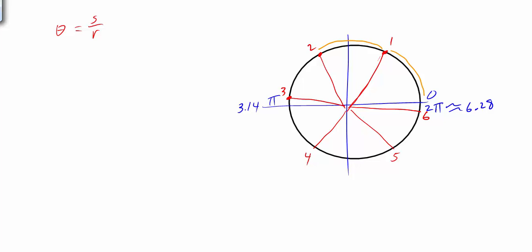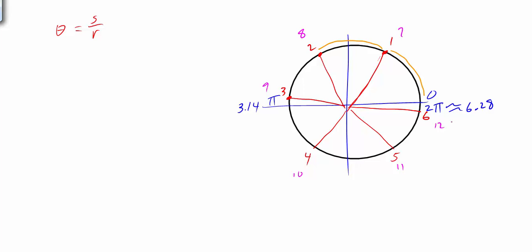So again, 2 pi, 6.28, would be 1 circle. And if I said, where is 7 radians? Well, we'd be back up here. And then we could go to 8 radians, 9, 10, 11, and all the way back around.